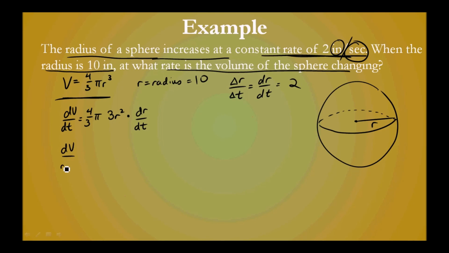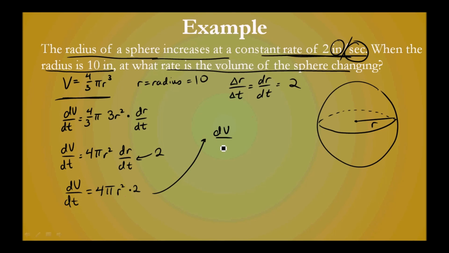So dv dt is equal to 4 pi r squared dr dt. We know dr dt is 2, so dv dt, the change in volume with respect to time, is 4 pi r squared times 2. dv dt equals 8 pi r squared.